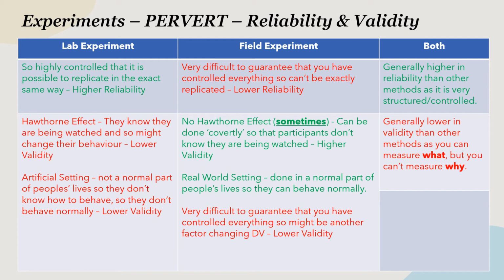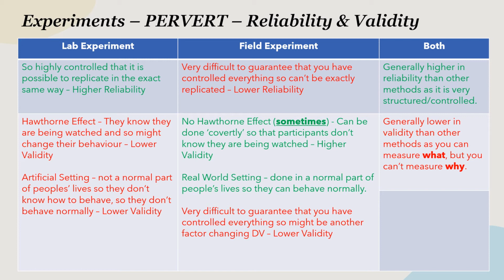So whenever we invite participants into a lab experiment, chances are they've never done it before, they don't know what to expect, so they're looking around trying to work out how to behave. The fact that it's an artificial setting means they don't know how to behave normally, and therefore they won't behave normally, which means it's not like real life, it's not a true and accurate reflection, it's low in validity.